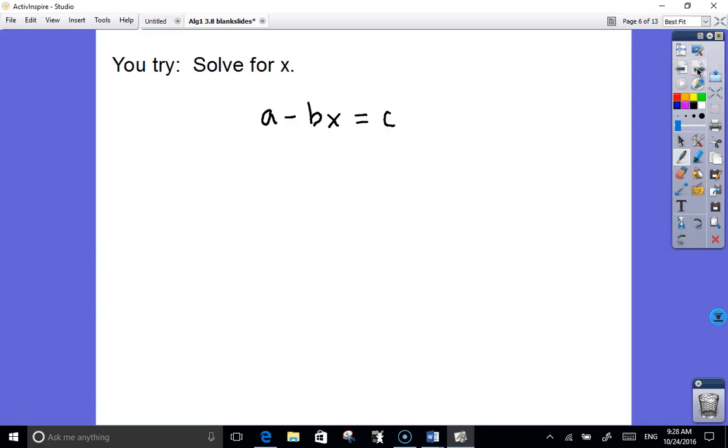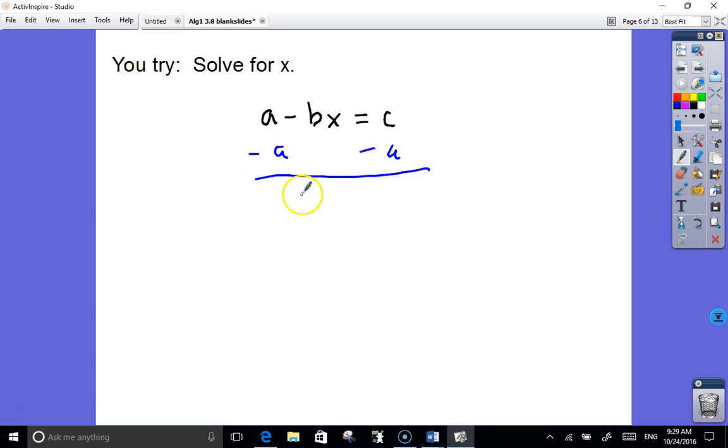Right? So try to do the same thing with this one. Isolate the X. Undo what's being done. What's the first operation? Subtract A, right? Is A positive or negative there? It's definitely positive. I sometimes think students see the minus after and get confused on that, but it is definitely a minus A on both sides.